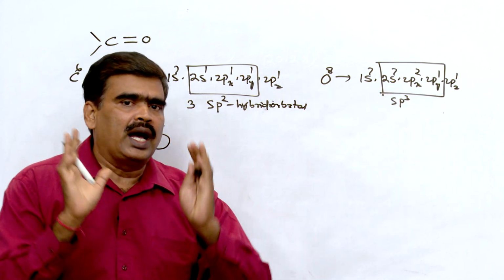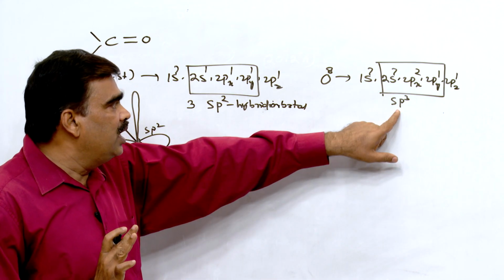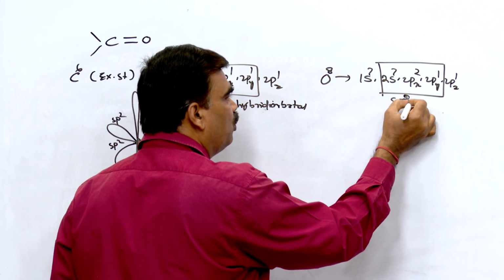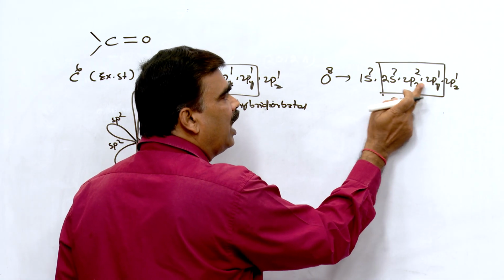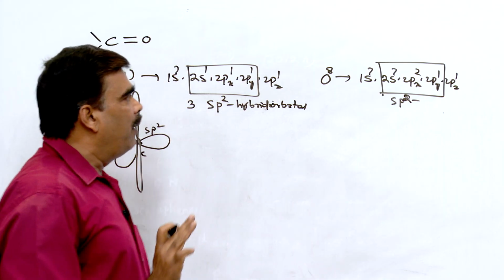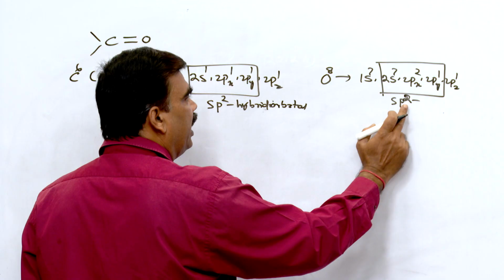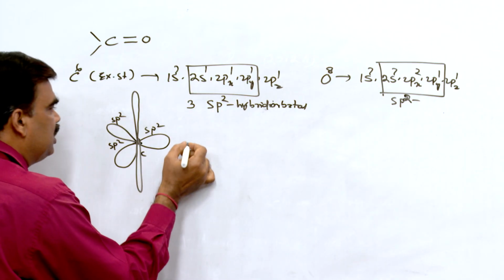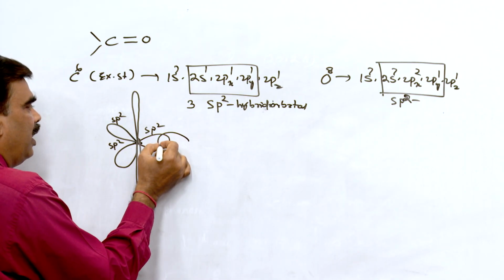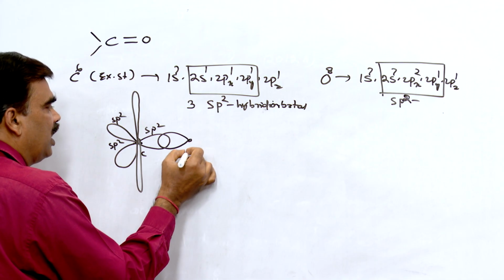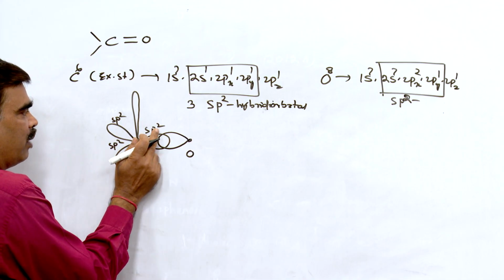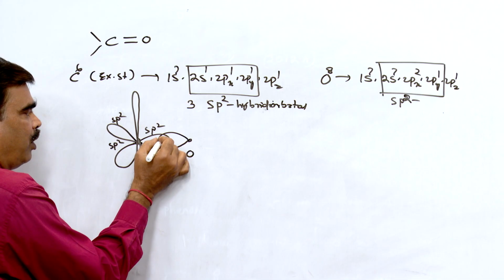So, out of the 3 sp2 hybrid orbitals, 2 are fully filled and 1 is half filled, right. This is the sp2 half filled hybrid orbital of an oxygen atom that overlaps with the sp2 hybrid orbital of a carbon atom and forms a sigma bond.